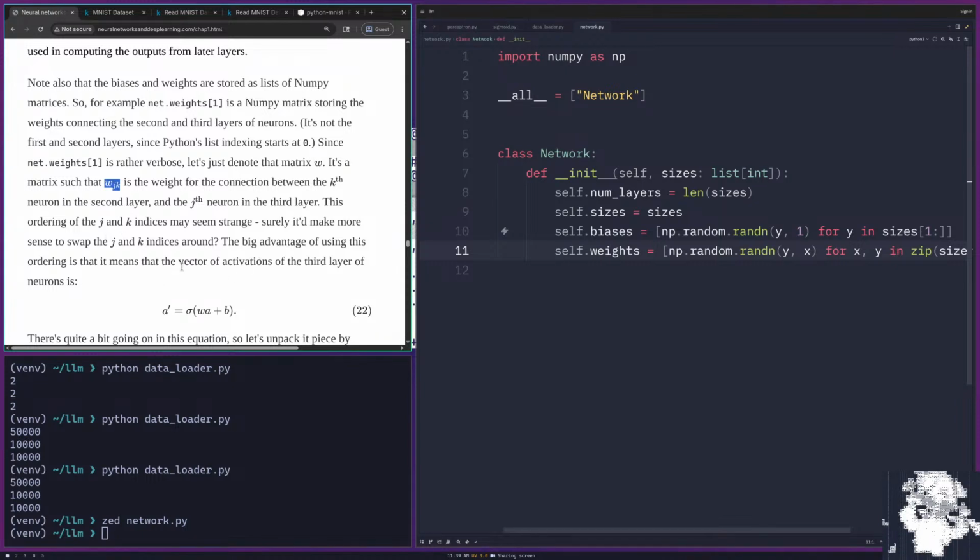And then we're saying that the vector of activations of the third layer is this. So a' must mean the activation of this layer, and a must be the activation of the previous layer. So the activation of this layer is equal to sigmoid.